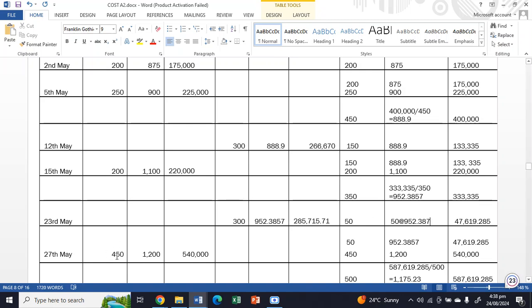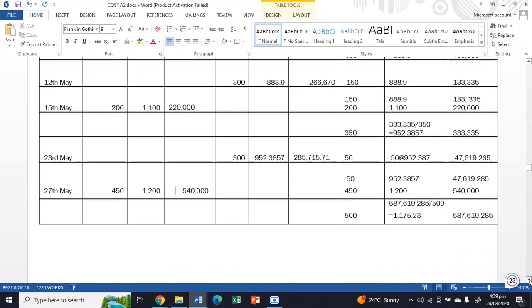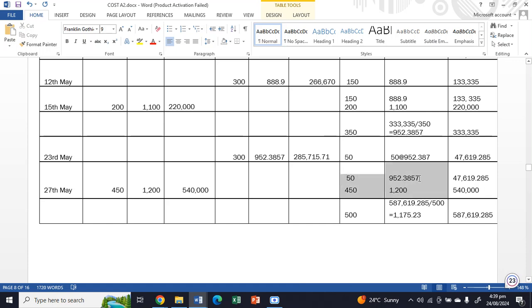Purchased another 450 goods. We paid 540,000. So our cost price per unit, 540,000 divided by 450. That's how we get 1,200. So we now calculate the average cost. We had 50 goods at 952. We brought 450 goods at 1,200, a total of 500 goods.